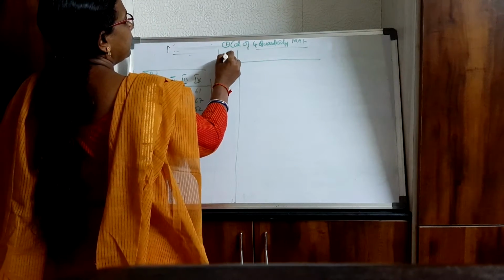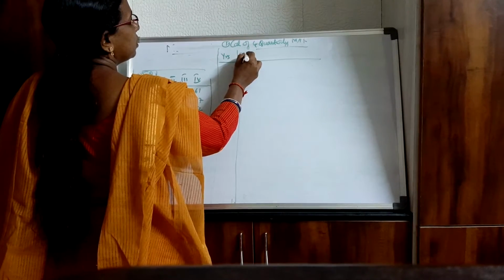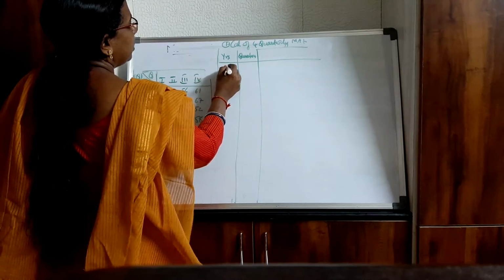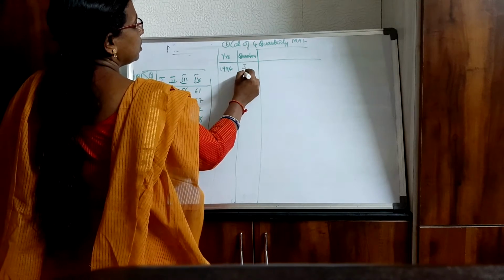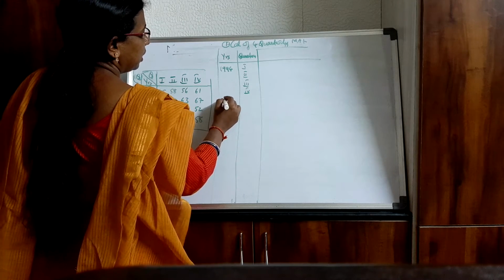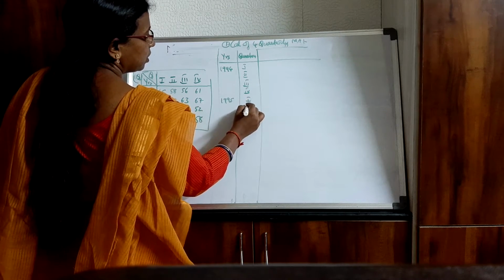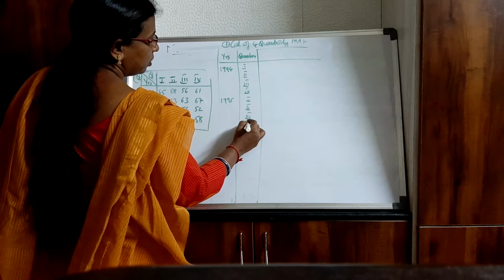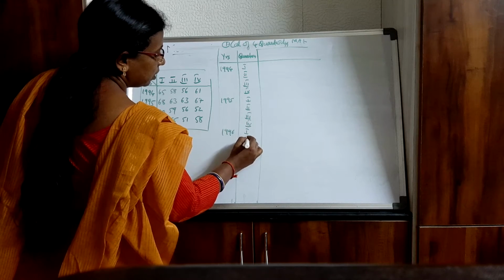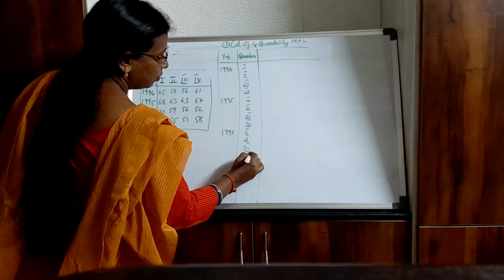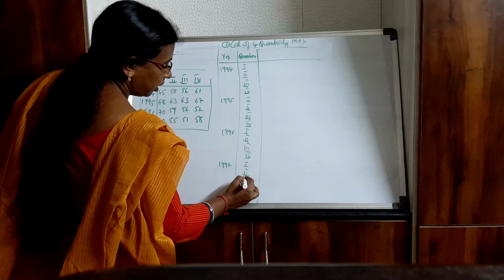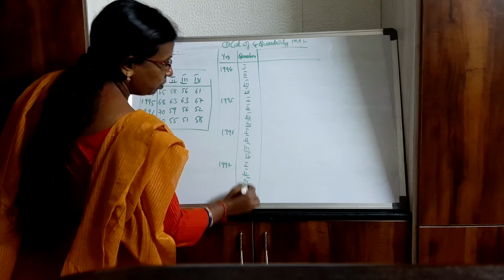Here I am writing years and here I am writing quarters. So 1994, first quarter, second quarter, third quarter, fourth quarter. Then 1995, first, second, third, fourth. Then 1996, and then 1997, each with first, second, third, fourth. I hope now this is clear.